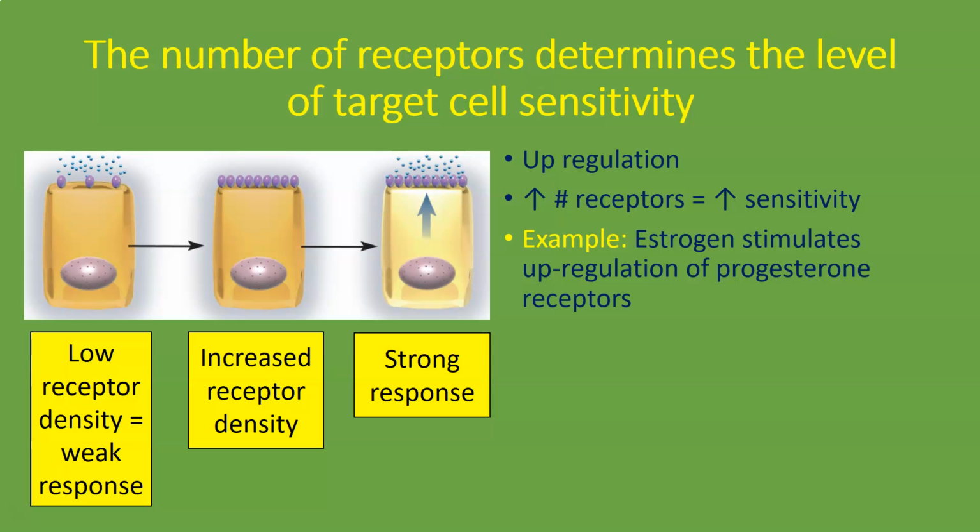Progesterone is released after ovulation. But what this means is that the cells are primed. They're ready for the release of progesterone. And so just a little bit of progesterone is going to cause a great amount of response from the cells.